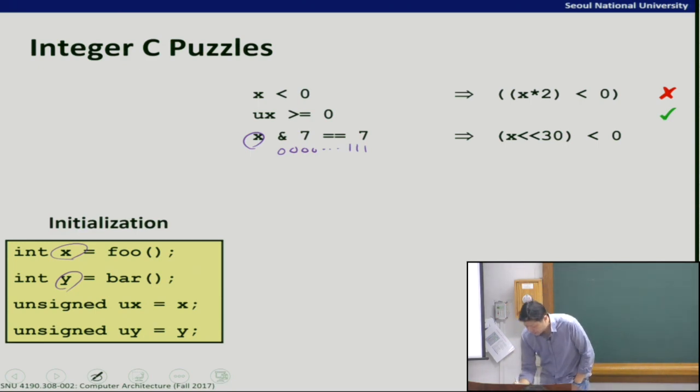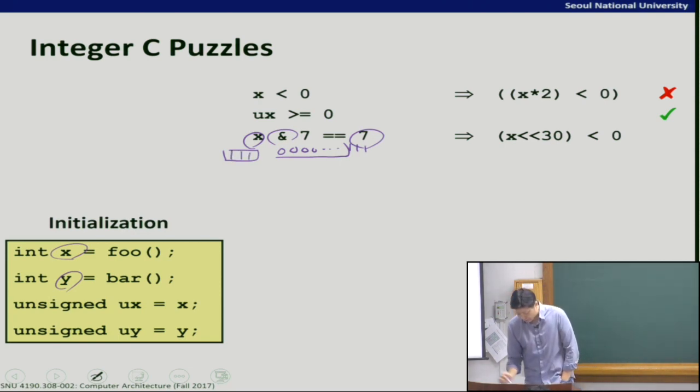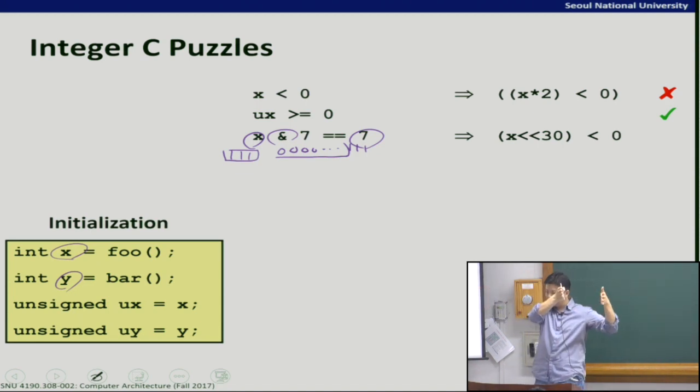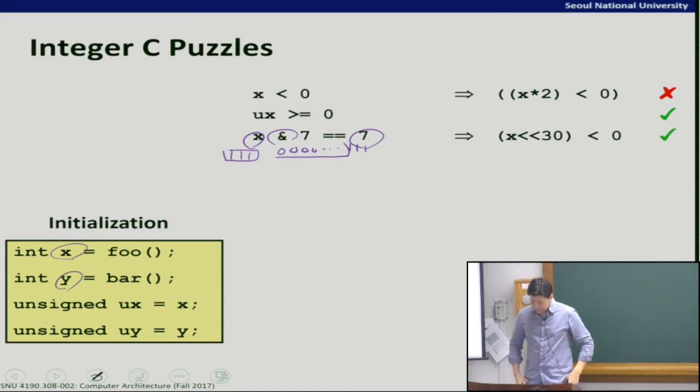If you shift it left by 30 bits, then the value will be negative, because those ones end up at the top, something like 1, 1, then all zeros. So it'll be true.